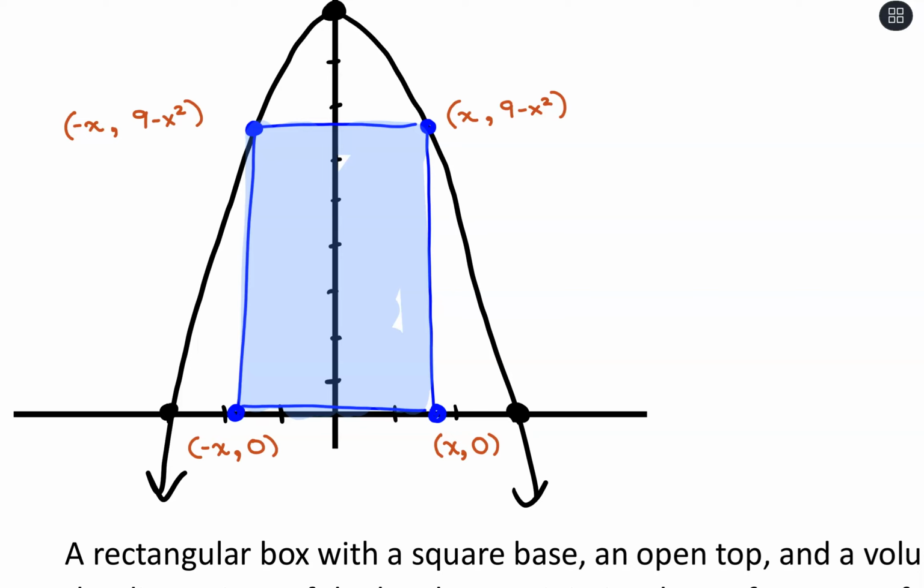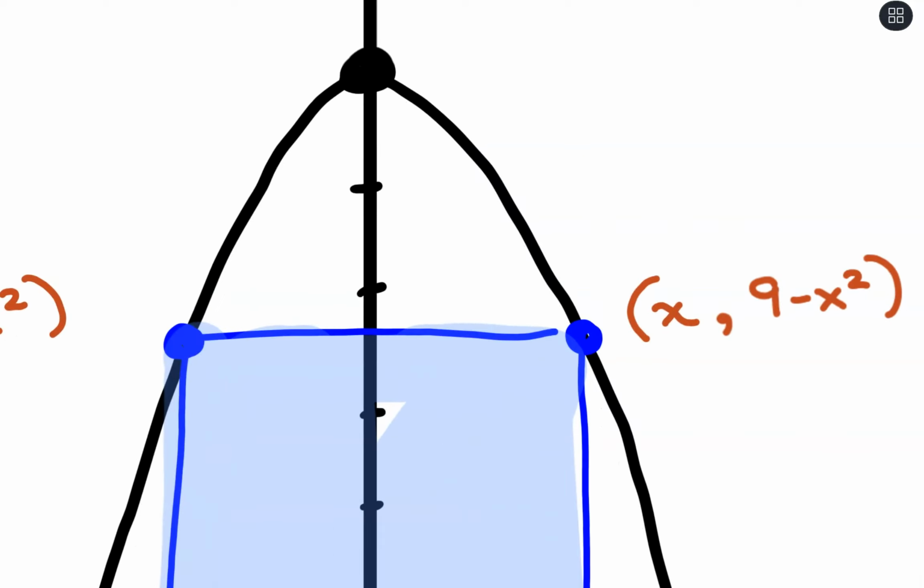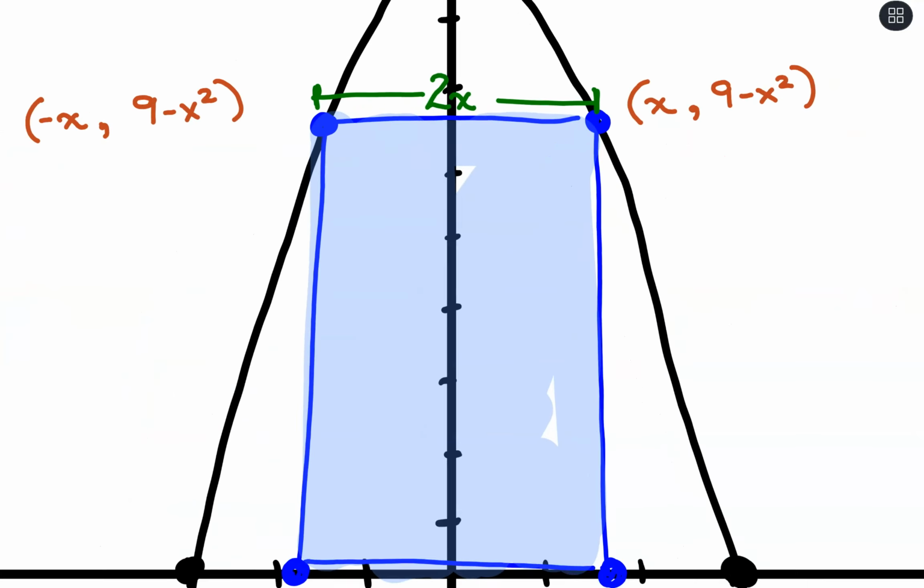So, all that to say, if we're looking for the length across the top, to the right of the y-axis we have positive x, to the left we have negative x. Combined as a total distance, that is going to be 2 times x, because we have two distances of x coming through there.